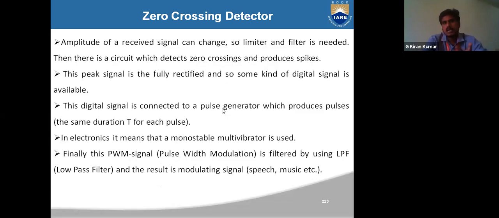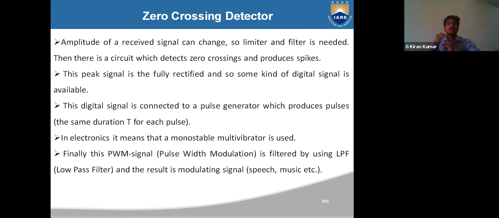Here I have mentioned a few important points. Basically, what we receive and what happens inside: the amplitude of a received signal can change. In frequency modulation, the phase and amplitude are constant, only frequency changes. But in the demodulation process, the amplitude of the received signal can change, and only then will we get the output.